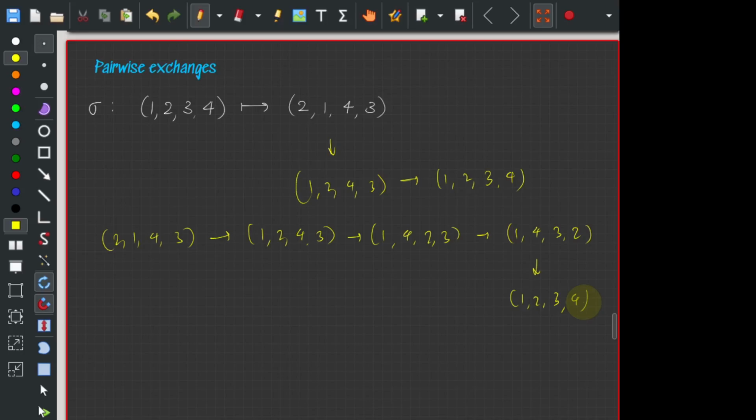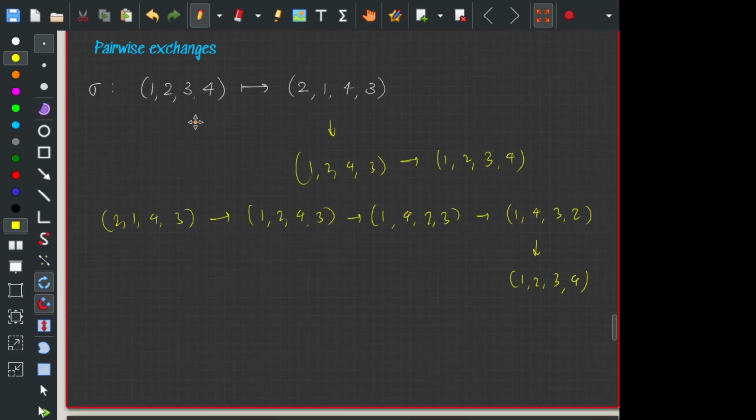So even though the number of pairwise exchanges required to bring a given permutation to 1, 2, 3, 4 is not unique, the parity is always the same. The number of operations is either always odd or always even for a given permutation.